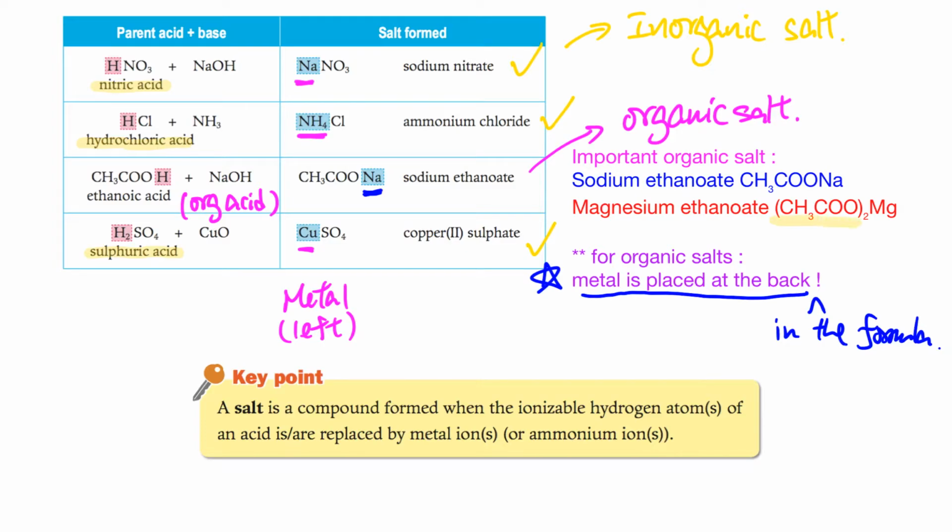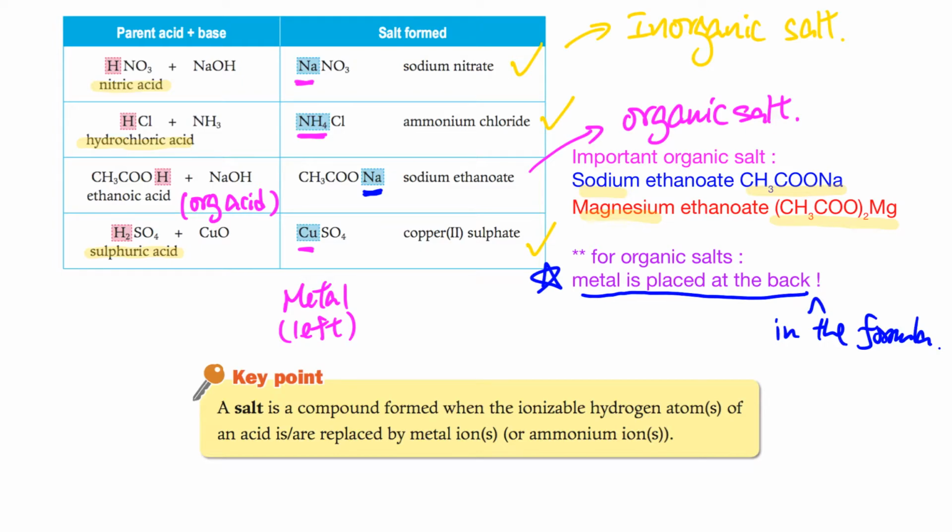So these two examples are quite important. You just learned how to write a formula for organic salt. So pay attention to that. For organic salt, the metal is at the back. But when you write the name, the metal is still on the left hand side, the first one that you address.